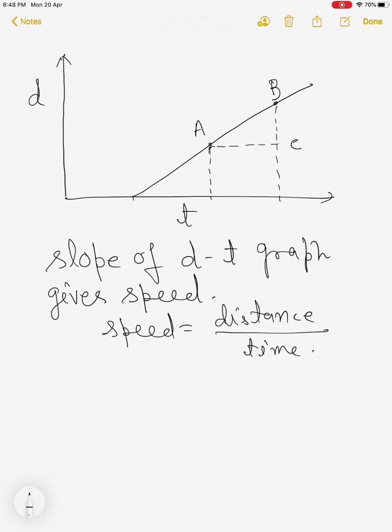So, between two intervals of time taken on the x axis, that is BC upon AC.